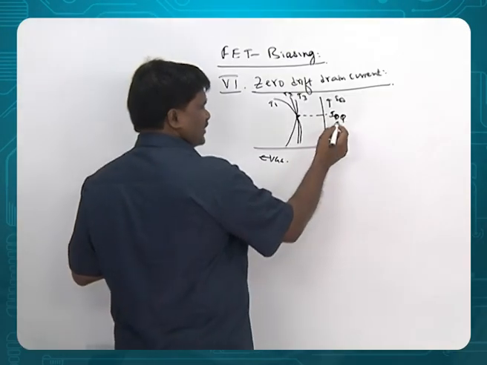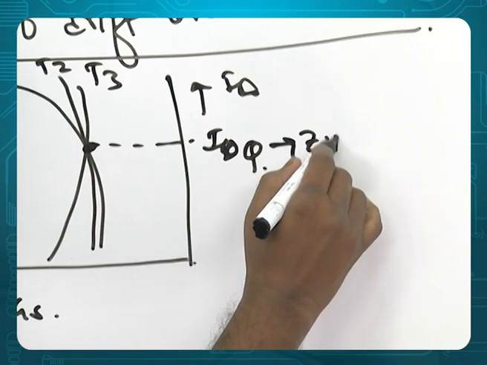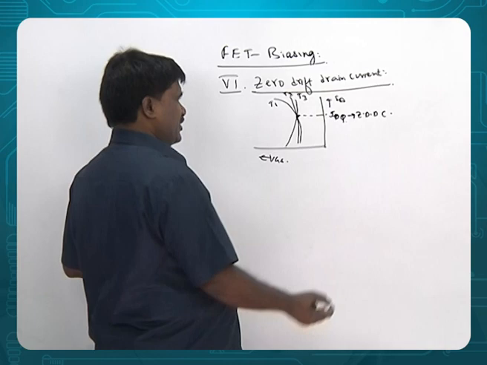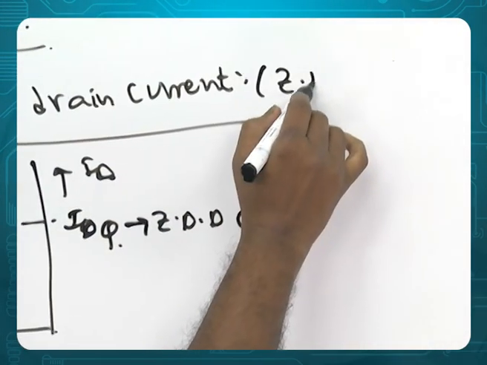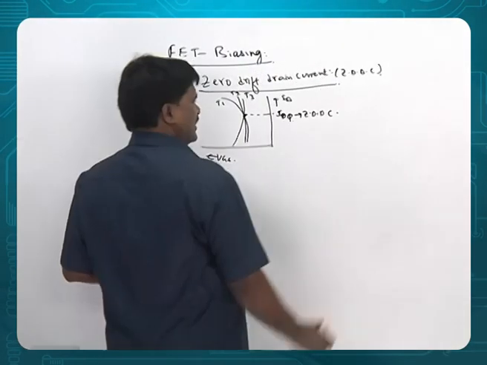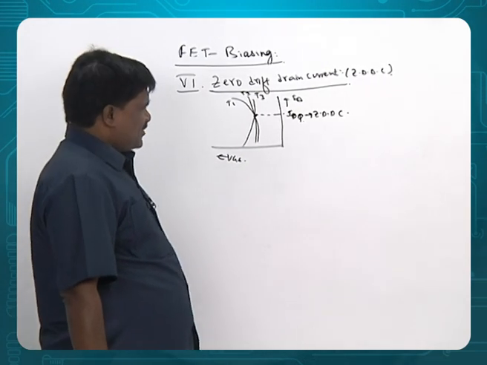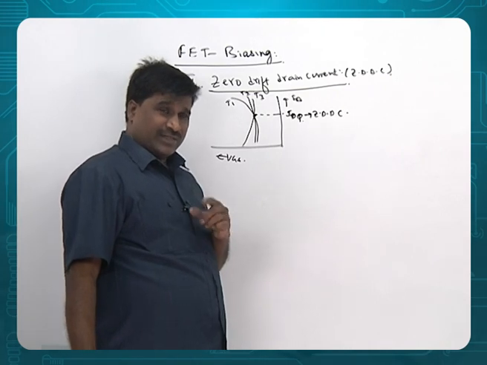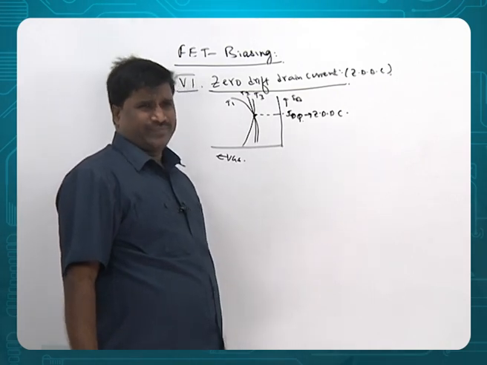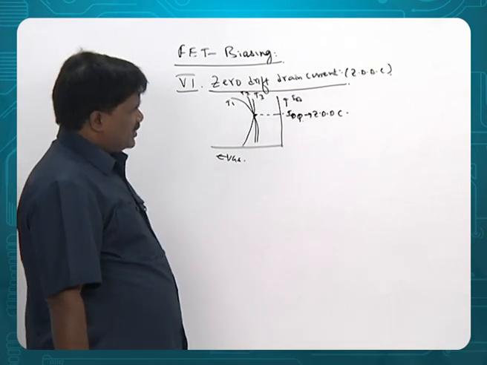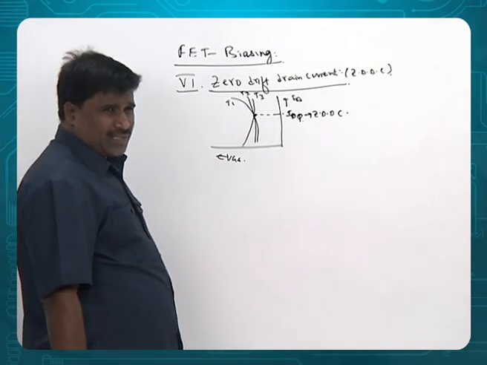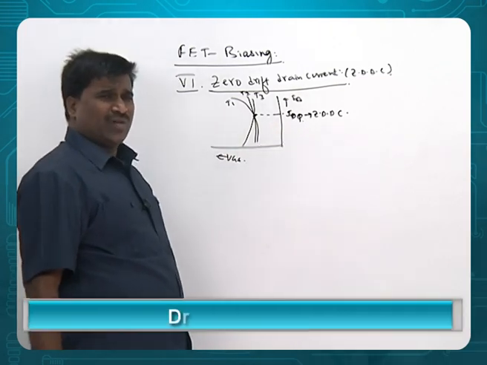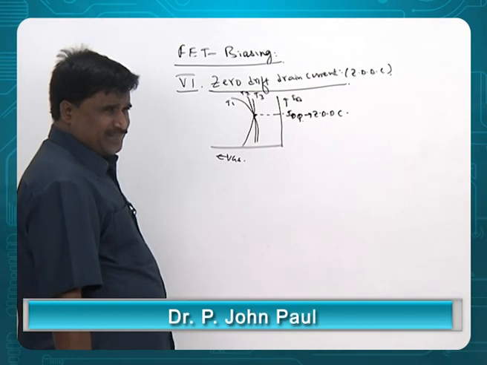Such a point is called zero drift drain current. What's the meaning here? The drift in the drain current is zero. When the drift is zero, if you take such a point as the Q point, it is going to be the most stable. That's why we call it the stability aspect.